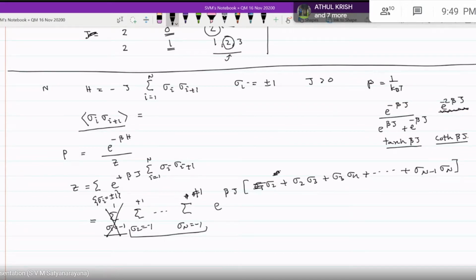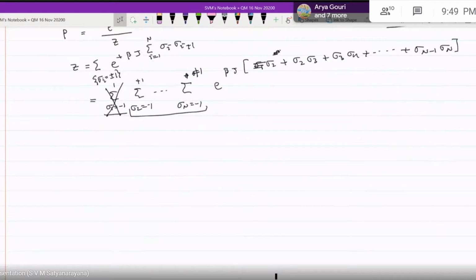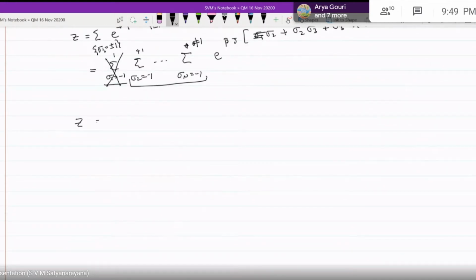So what I'm trying to do is write down this Z as the sum over sigma 1 equal to minus 1 to plus 1 of e to the power minus or plus beta J sigma 1 sigma 2 into all other terms, because sigma 1 is there only in this one.